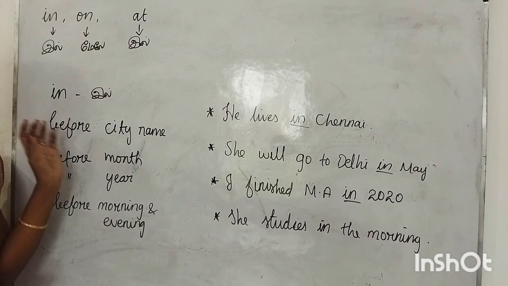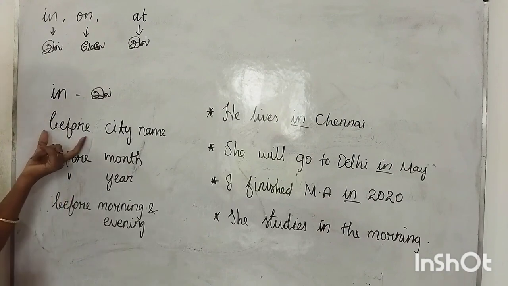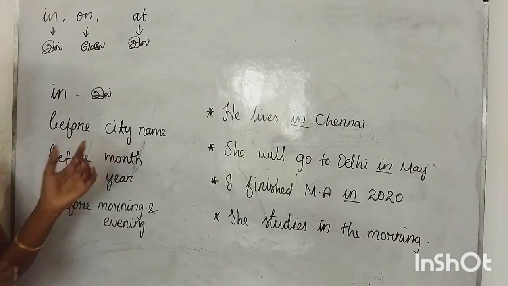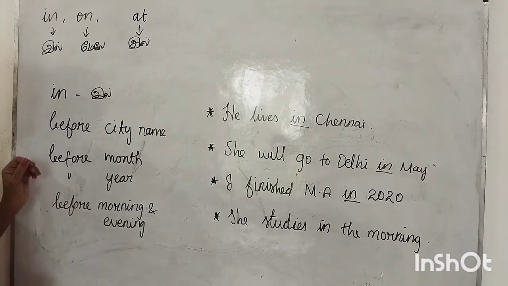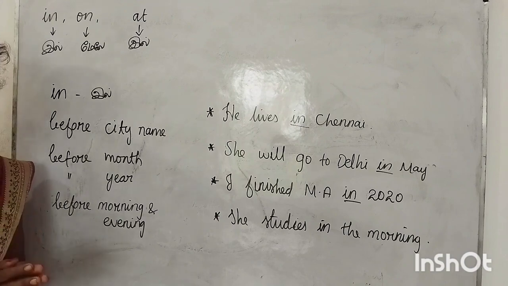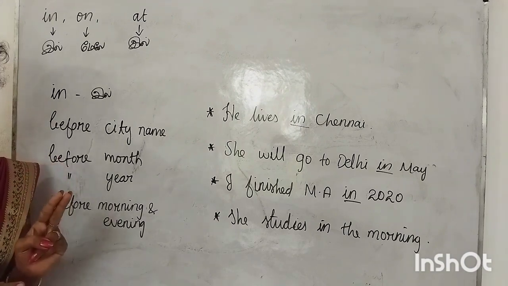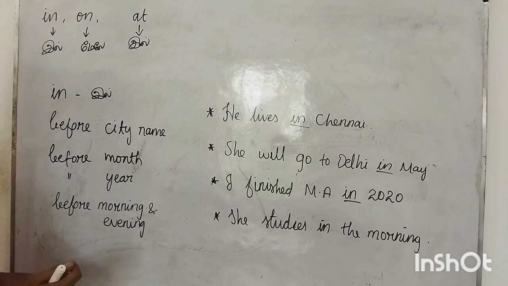Where can we use the preposition in? Before a city name. When we mention one city name, before it we use the preposition in. At the same time, if a sentence has two places together, the preposition will change.